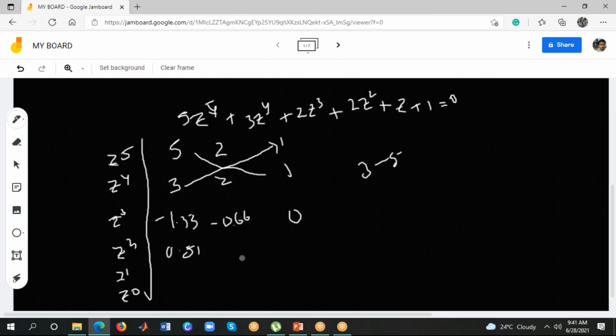Here you will get 1 and 0. Here 1.94. Here 0, 0 and 1. If you observe the first column, there are only two sign changes, one from positive to negative and one from negative to positive. So you will get two sign changes. This is the way we can do the problem.